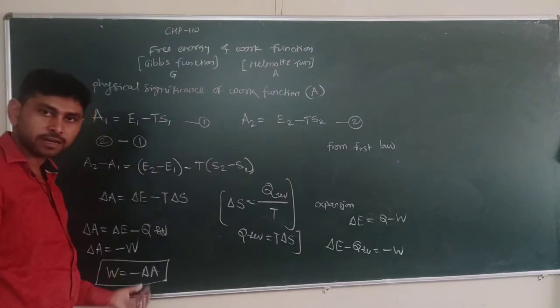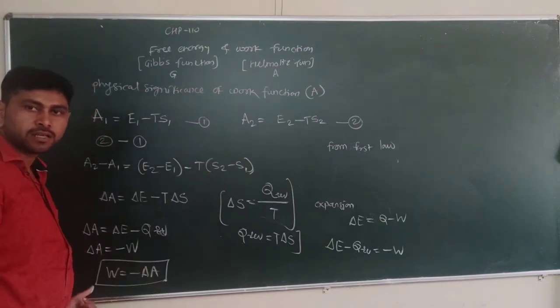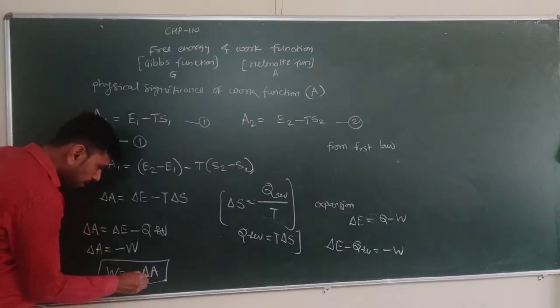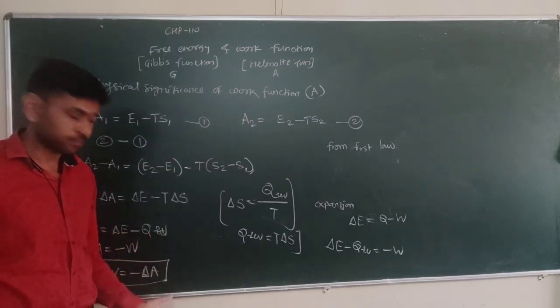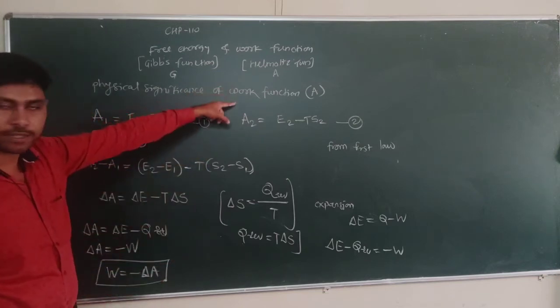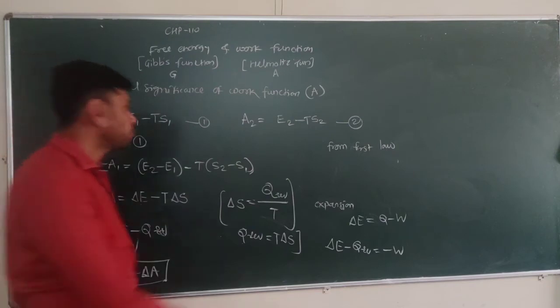What is the significance here? Decrease in work function is the magnitude of work done. So with maximum decrease in the work function, there will be maximum work done.